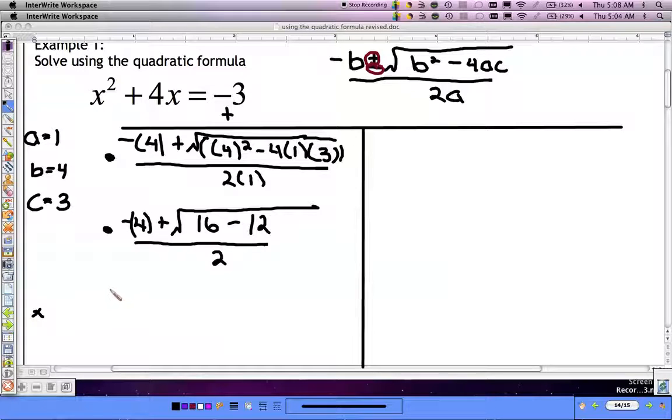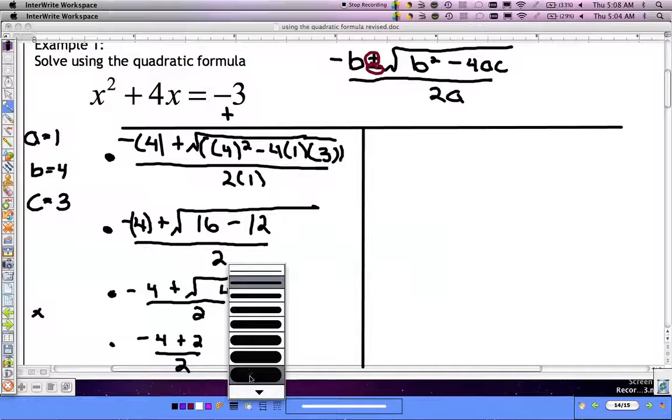So then clean it up even more, and we'll have negative 4 plus the square root of 16 minus 12. Well, 16 minus 12 is 4, all over 2. And finally, negative 4 plus the square root of 4, or the positive square root of 4 is 2, divided by 2.